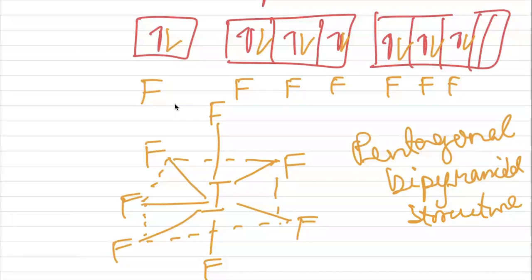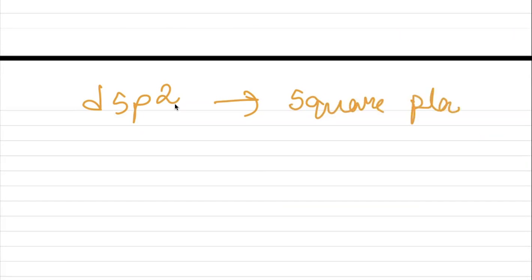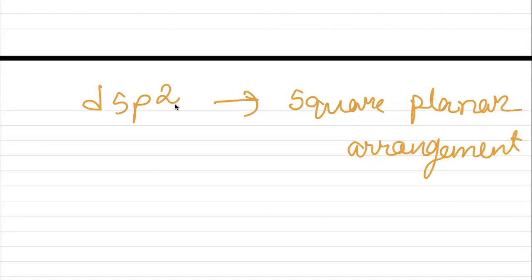Okay, and the last one is dsp2 hybridization. They have a square planar arrangement like this.